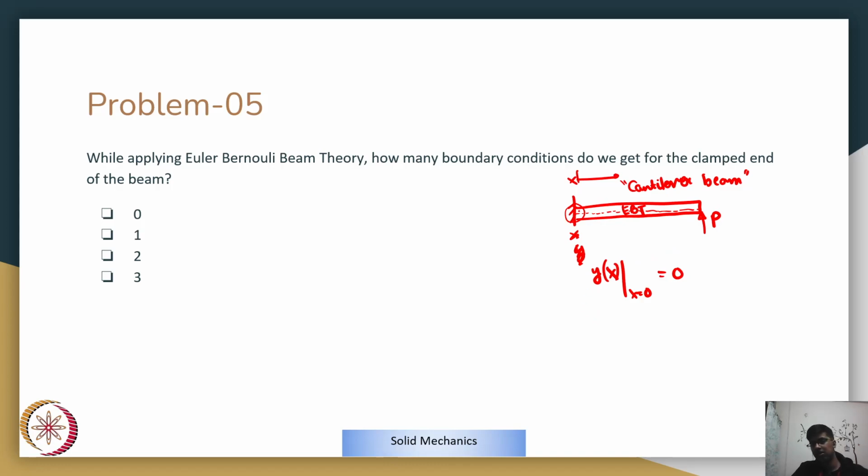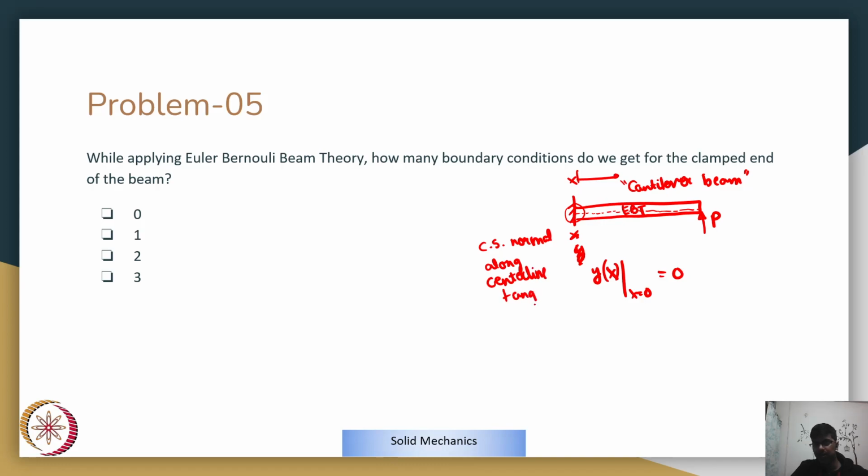Similarly, you can see that the center line on the left hand has to be always normal, because in the Euler-Bernoulli beam, your cross section normal is basically along your center line tangent.